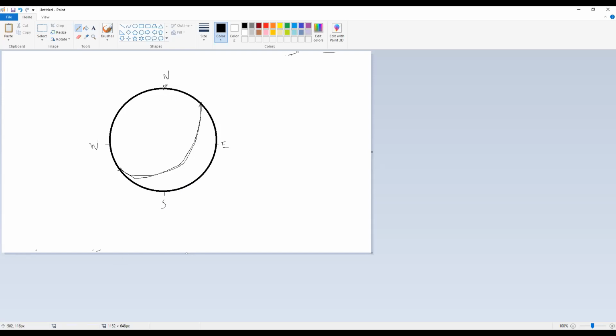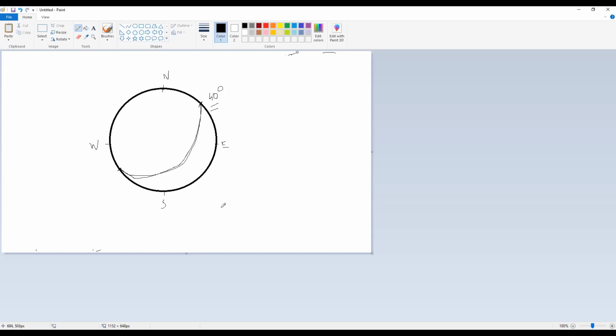What we'll do is start marking from north. We'll measure this. So this would be around 40 degrees.